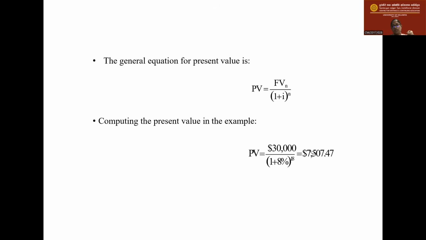Then you can get 7,507.47 dollars, right? Okay. Or else you can use a calculator as this: press 30,000, divide, open a bracket, again open a bracket, there are two brackets, 1 plus 0.08, close the bracket and press the hat button and 18 and then again close the bracket, right? This is the answer.